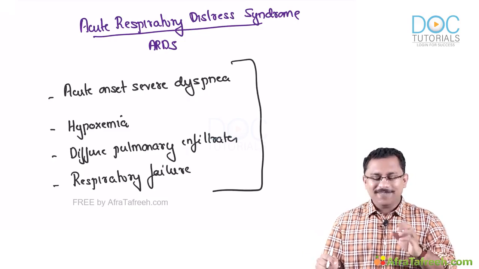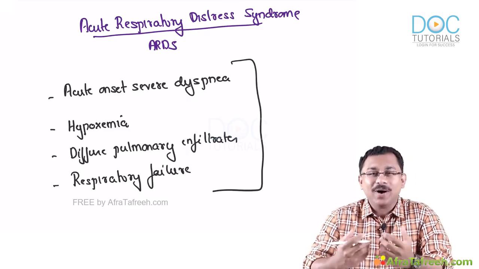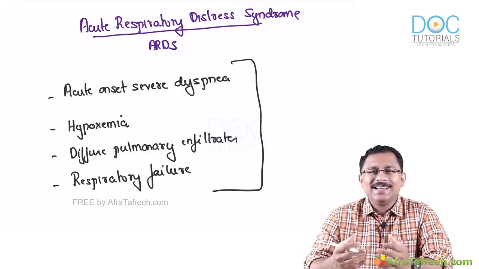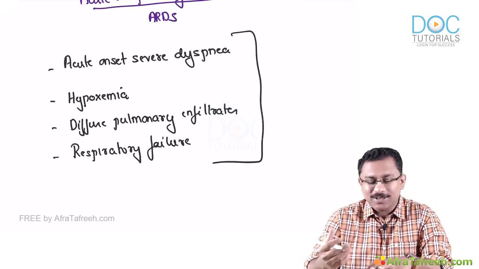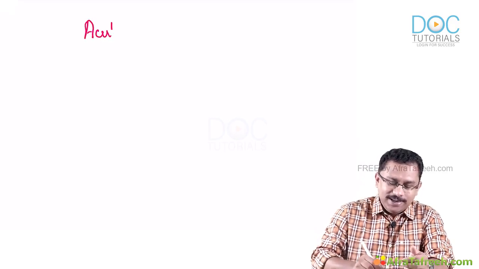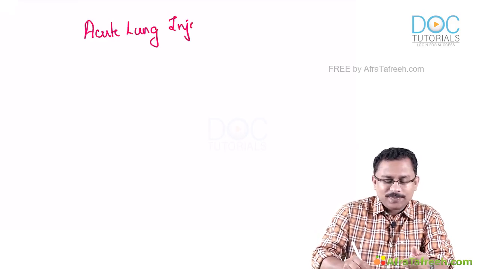Now, having understood what this entity is, let's try to see why this happens, why this lung problem. Now, ARDS was previously also termed acute lung injury, so there is some injury to the lungs.